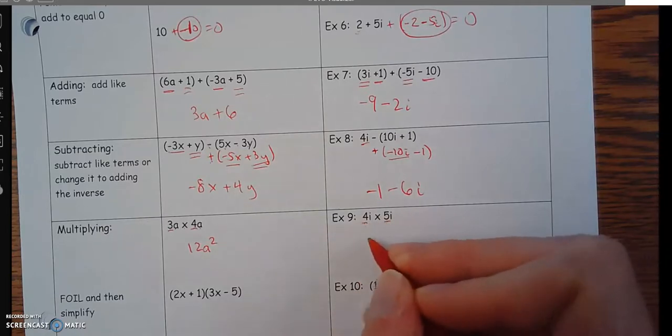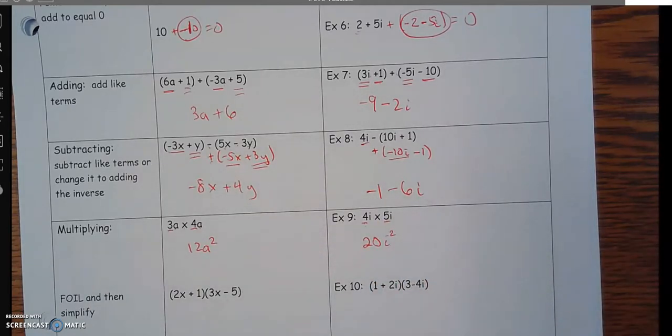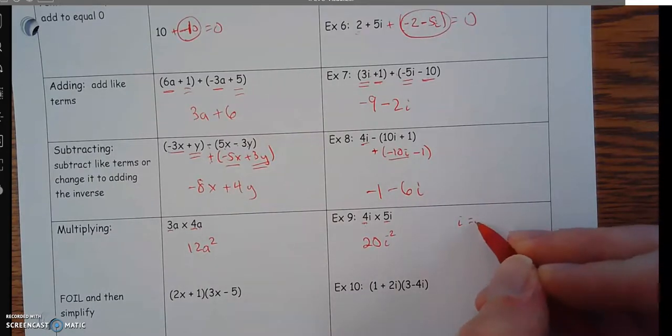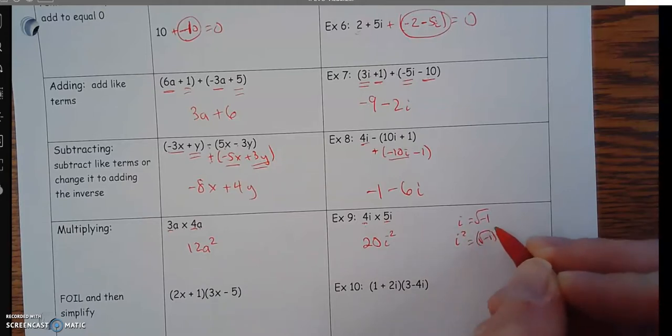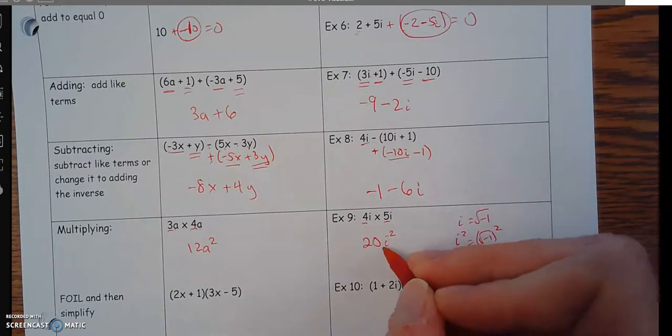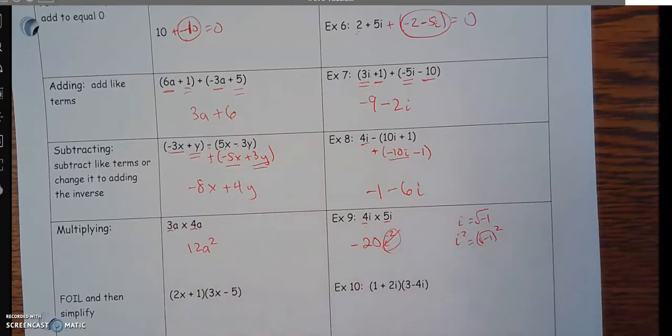So 4 times 5 is 20. And then i times i is i squared. We mentioned above that i equals the square root of negative 1. So that means i squared would be the square root of negative 1 squared, or just negative 1. So anytime you see an i squared like this, you can cross it out and multiply by a negative. So it's actually negative 20.